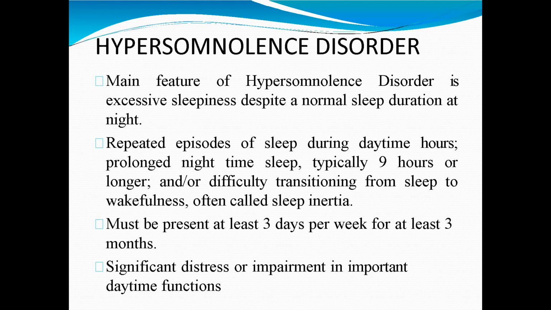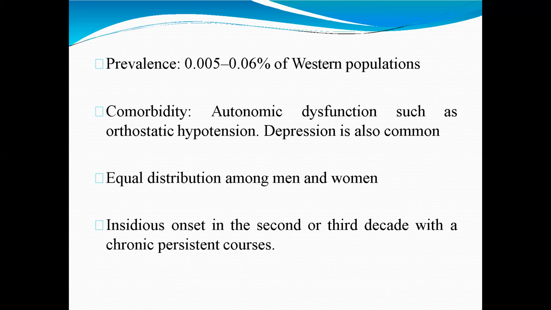And also significant distress or impairment in important daytime functions can be observed. The prevalence is very low, 0.05 to 0.6% in Western populations. Comorbidly, there can be autonomic dysfunction, especially orthostatic hypotension, so you are unable to wake up.